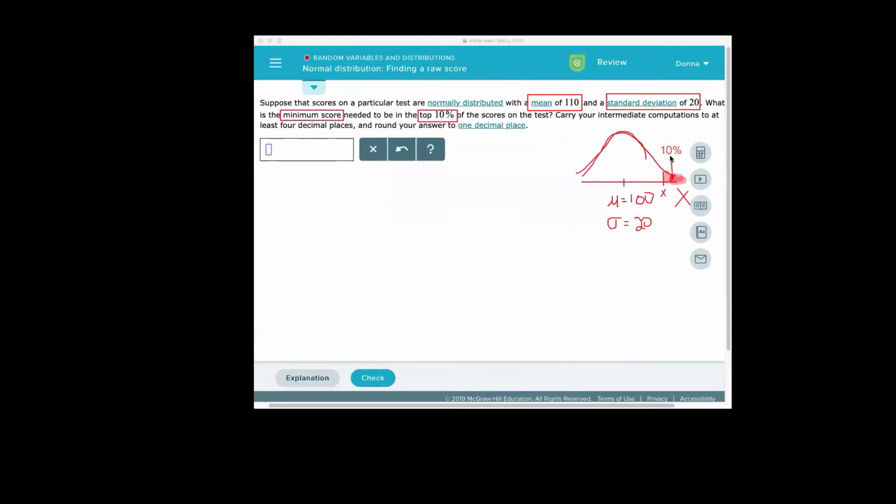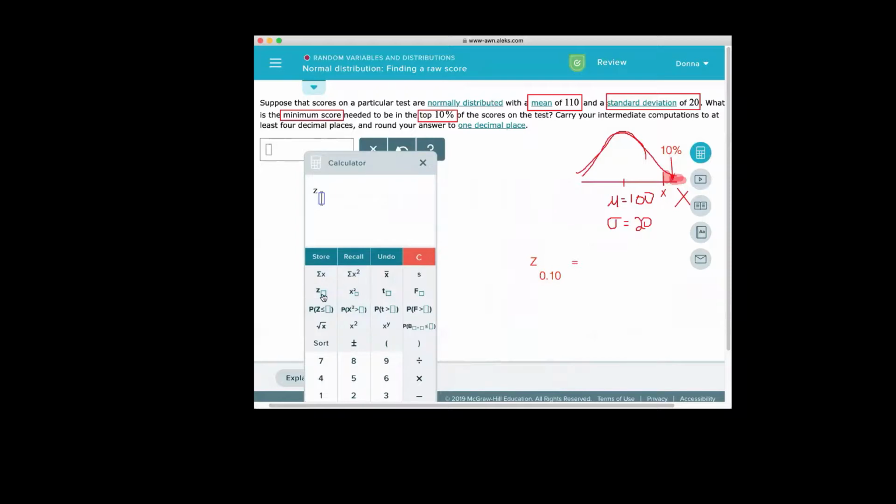So let's find the z-score that corresponds to the area to the right as 10%. So we're going to do z-box of 10%, and that's 0.10. And we use the Alex calculator, and that's going to give us the value of that z-score.